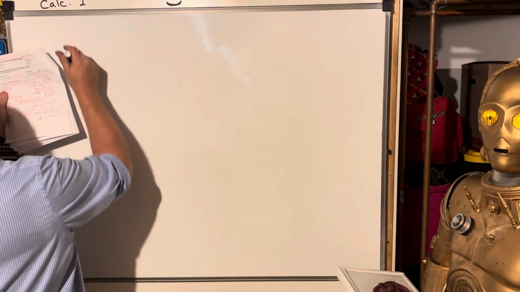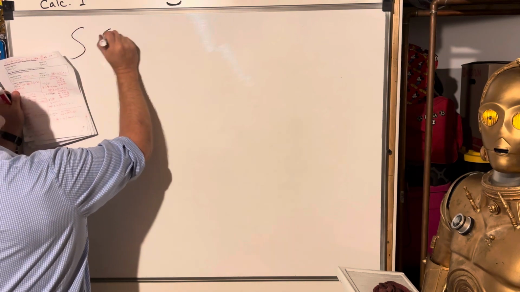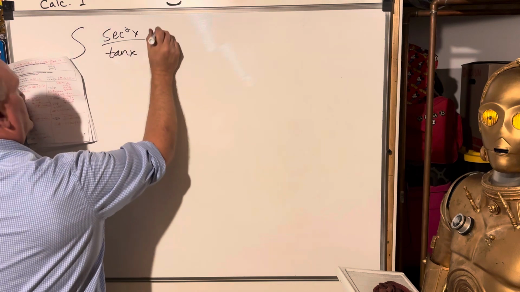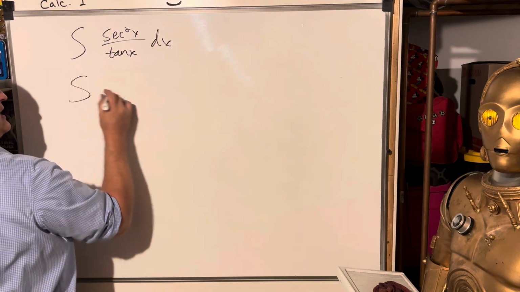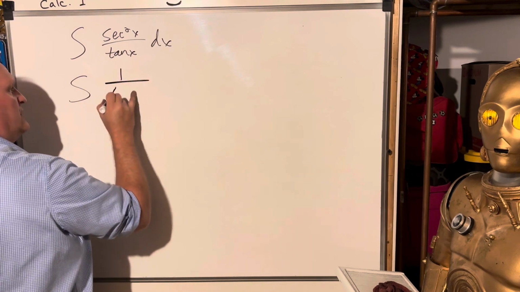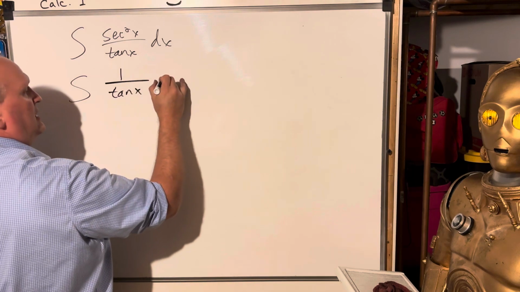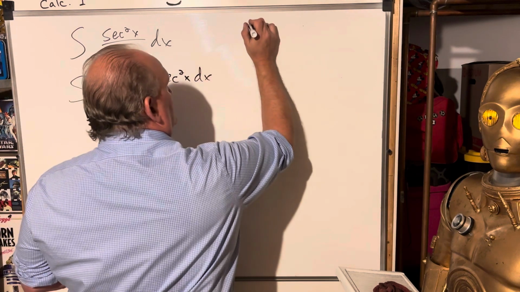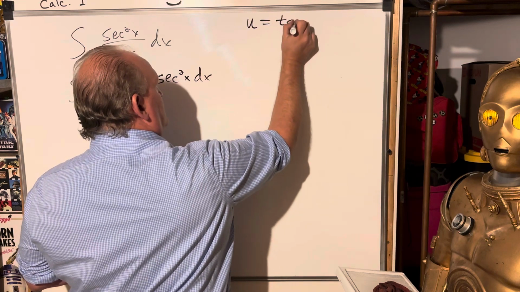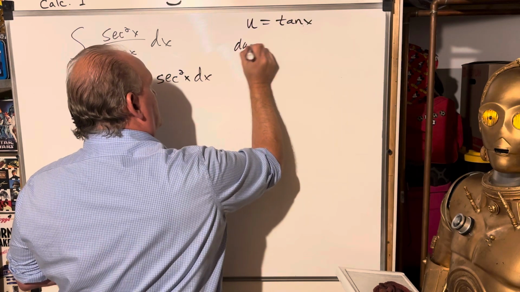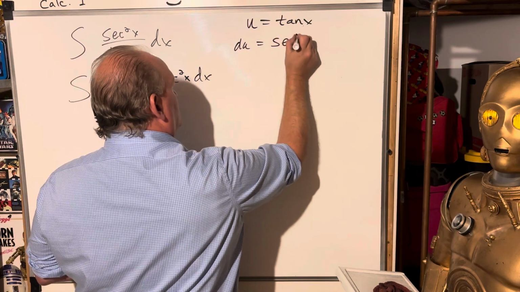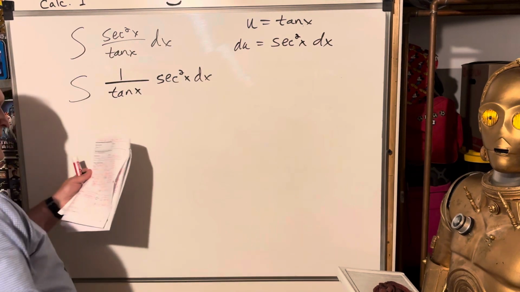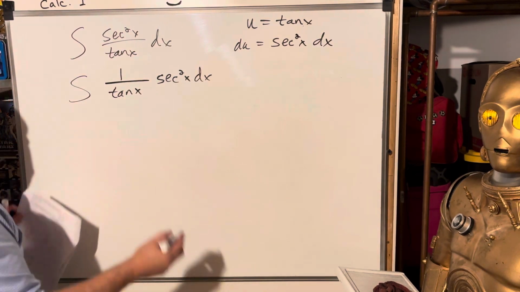All right. We got secant squared x over tan x dx. Again, let's look at it like 1 over the tangent of x, and then times secant squared x dx. And let's say u is equal to tan x, and du is equal to secant squared x dx. And look at that, everything matches up just lovely.